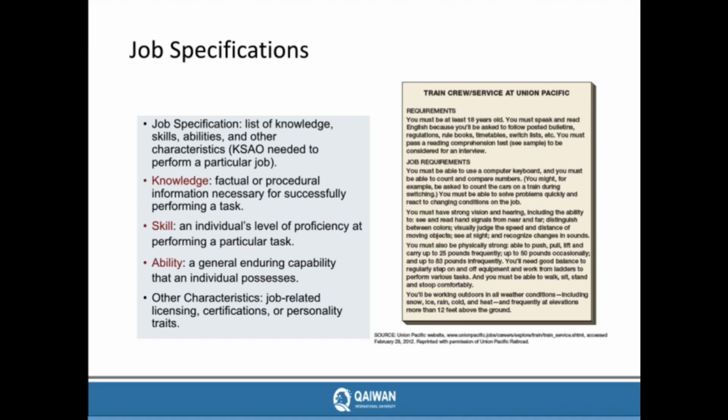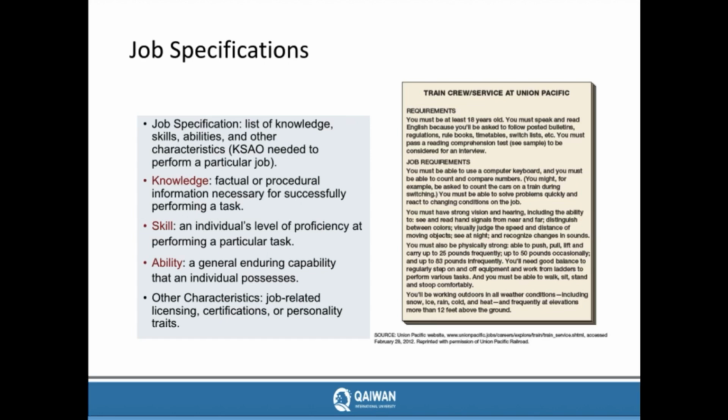This is what we call job specifications. We can say that it is a list of the knowledge, skills, abilities, and other characteristics. We call them KSAOs. So the knowledge, we all know that is what a person knows, right?